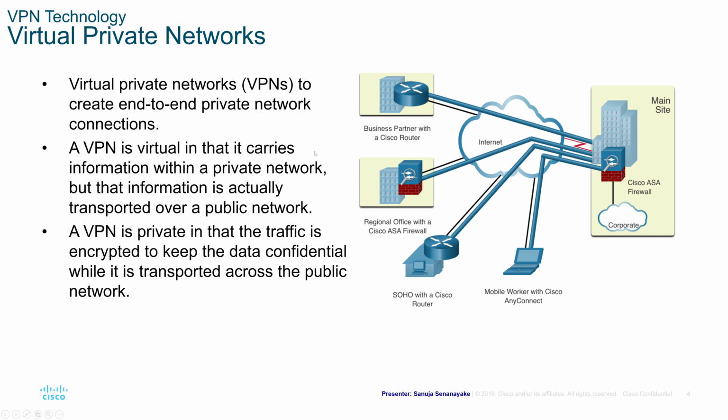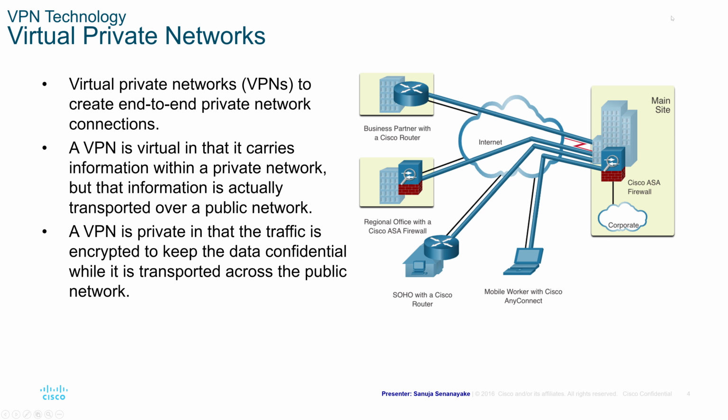So it is a virtual network within the private network that is within the public network. It is using the public network to build that virtual infrastructure. And it is private because we are using encryption with the VPNs so that the data will be confidential.